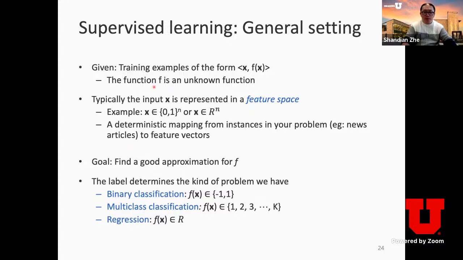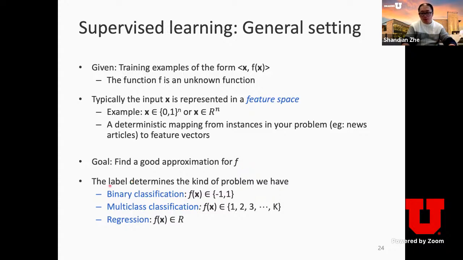Then, given the training set, the goal is to find a good approximation for the target function f. You will see that in practice, it is very rare that you can find the exact ground truth function. In most cases, at most we can find a good approximation to f.